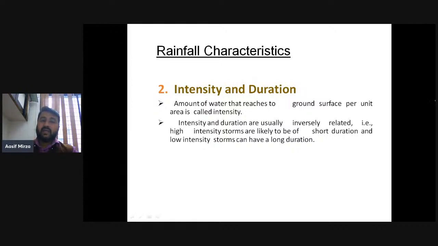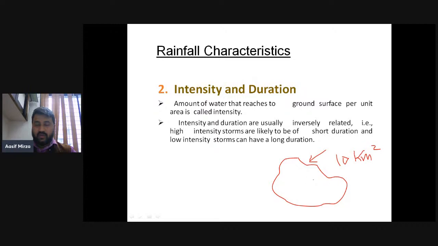Suppose the area is 10 square kilometers, and whatever amount of water is received over this area is the intensity over that particular area of 10 square kilometers. That is what intensity we have to calculate.